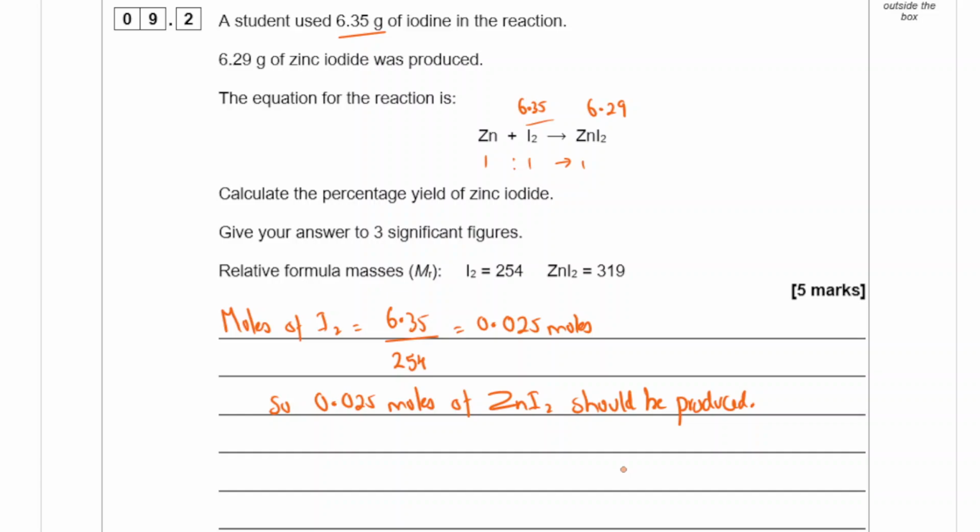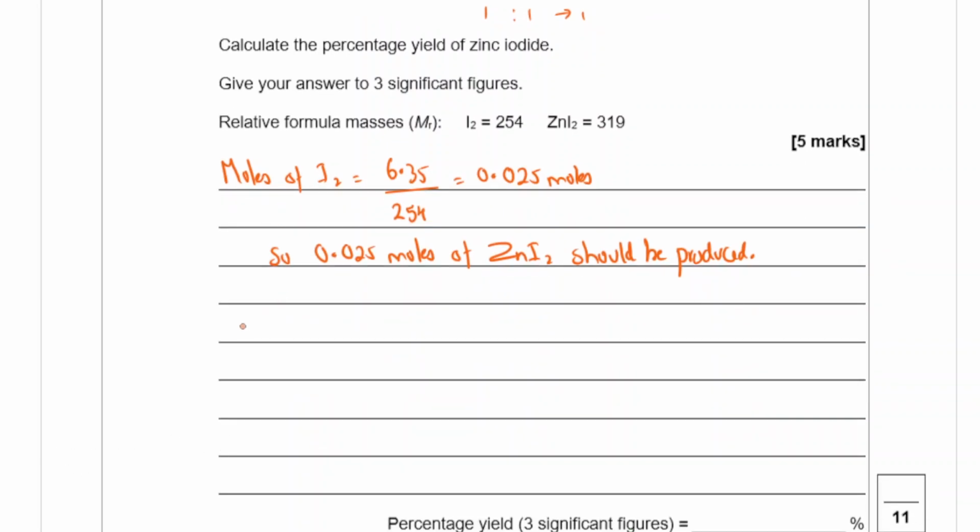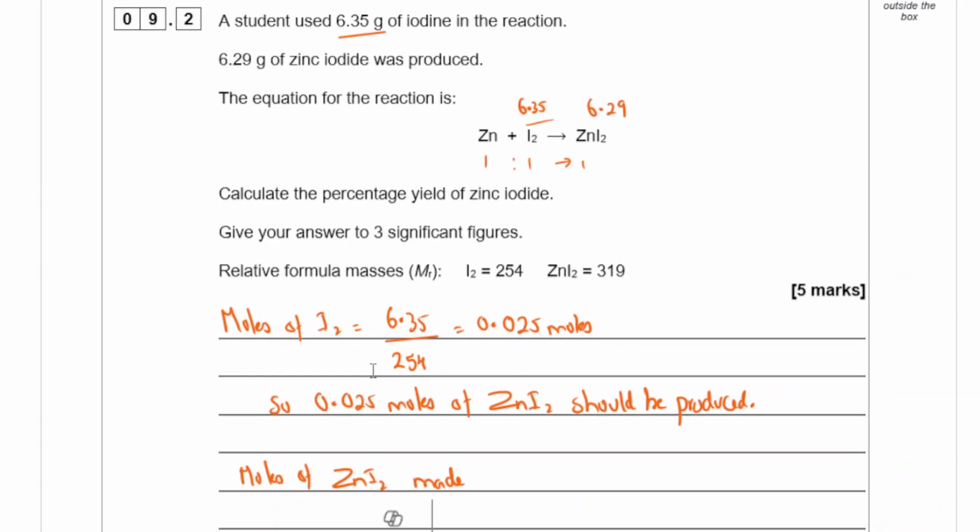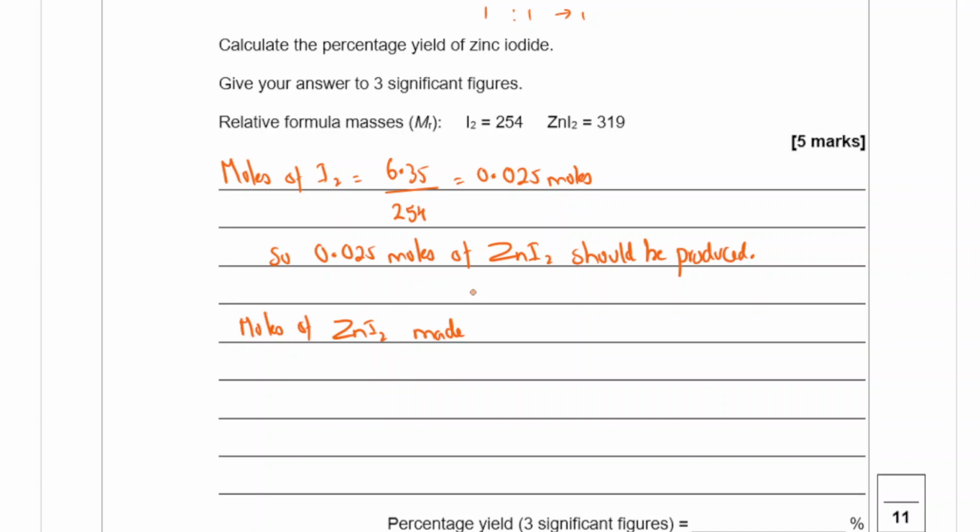That's a theoretical mass. Now, how much did we actually make? Moles of zinc iodide made. The mass was 6.29 grams. So 6.29 divided by, no, not divide by, I will have to multiply.